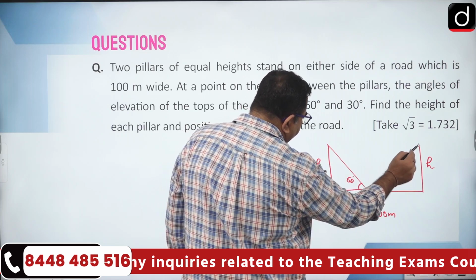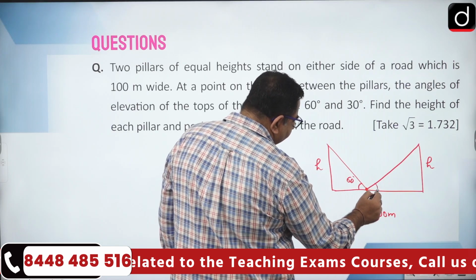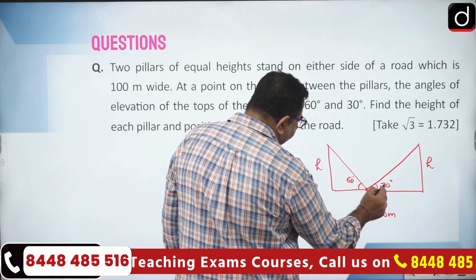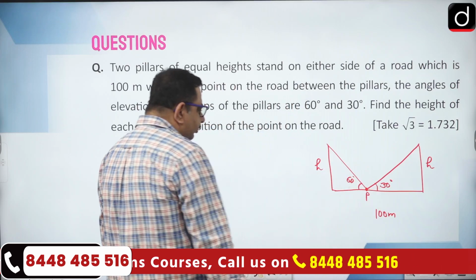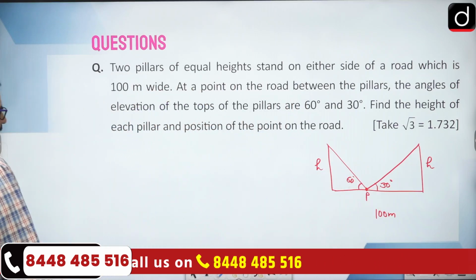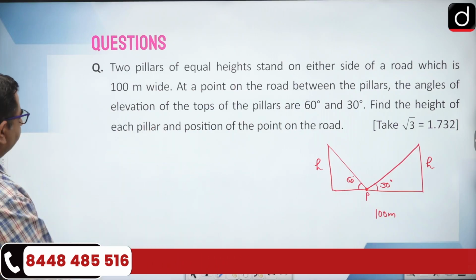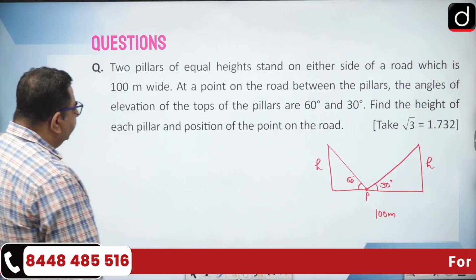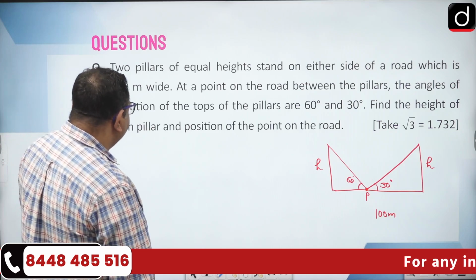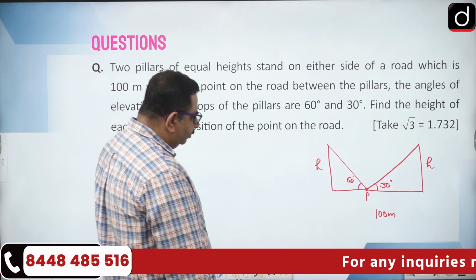This angle would be less. That is 30°. Okay, so this thing is given in the question. 100 meters wide road. Either side of the road poles are there. The angle of elevation, find height of each pillar and position of the point on the road, right?